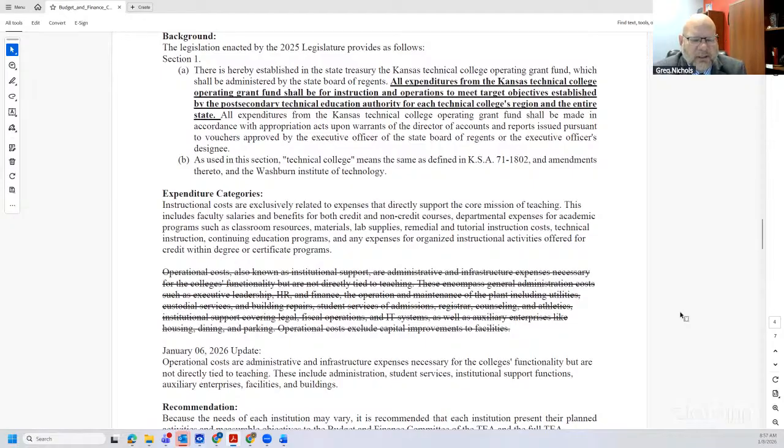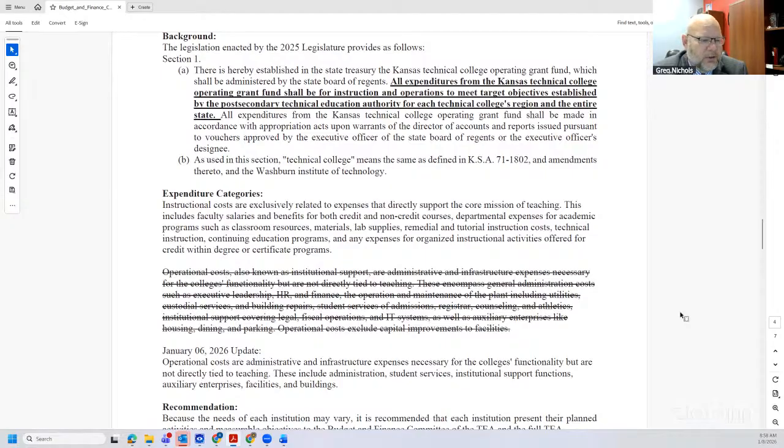So we asked that they review that, and we came together with the updated version right below it, which operational costs are administrative and infrastructure expenses necessary for the college functionally, but are not directly tied to teaching. So you've got basically teaching and non-teaching parts of the operations. That's what the statute itself talks about is instructional and operations costs. So we asked and they did a great job, I think, of working with us on that.